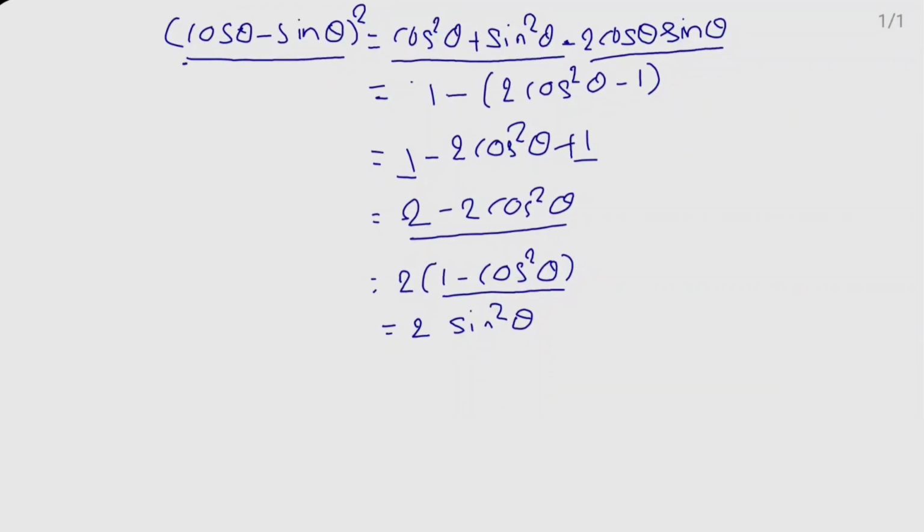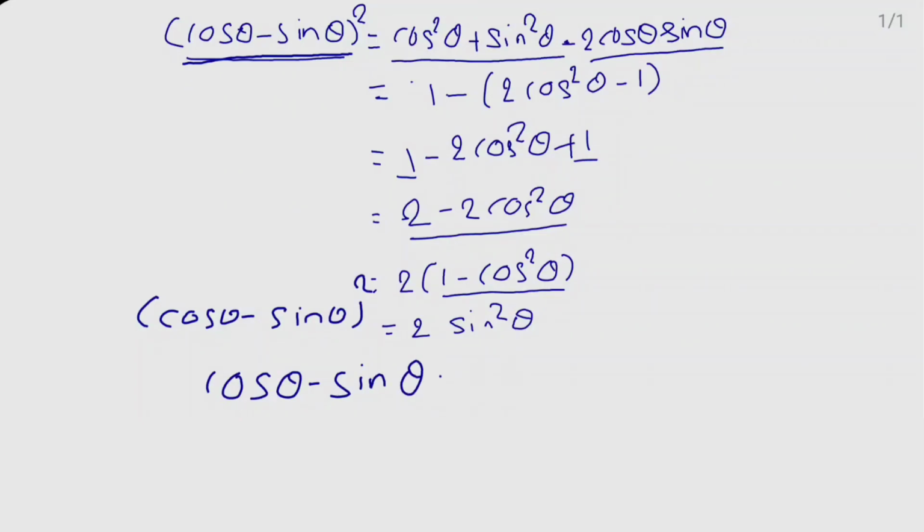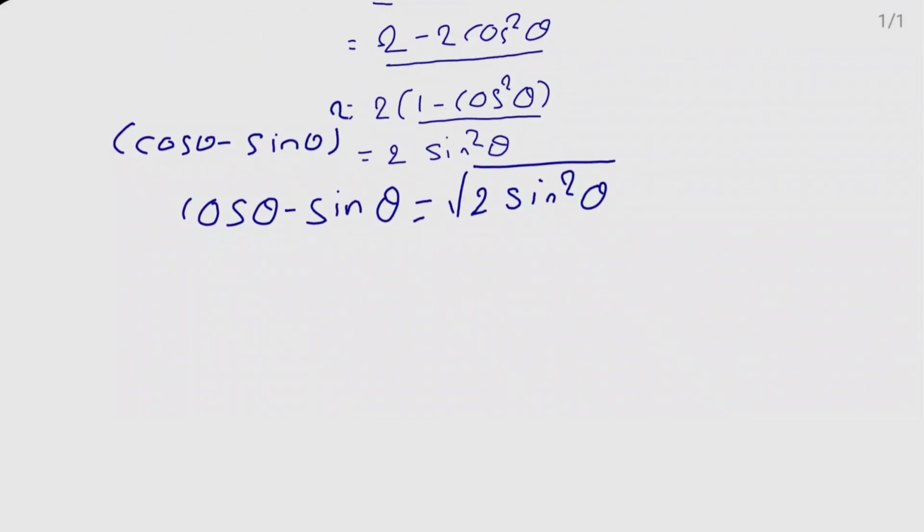This side we have here (cos theta minus sin theta) whole square. So remove this square. So here we got cos theta minus sin theta equal to under root 2 sin square theta, so root 2 sin theta.